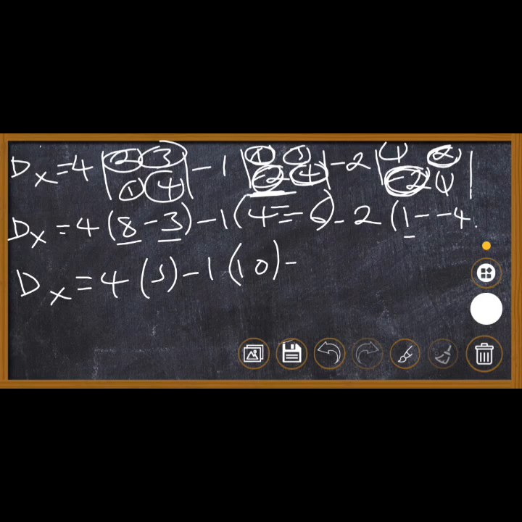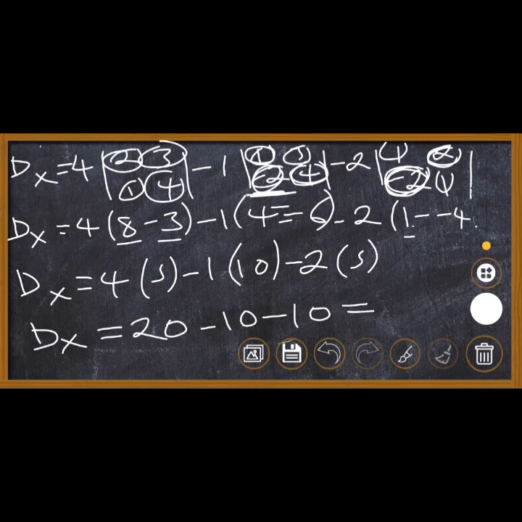And then minus here we have negative 2, and negative and negative is positive, and then 1 added to 4 is 5, so we have 5 there. So dx in this case is going to be 4 multiplied by 5 is 20, and then here negative 1 multiplied by 10 is negative 10, then negative 2 multiplied by 5 is negative 10.